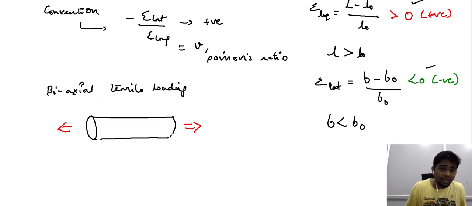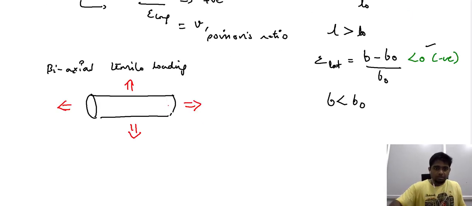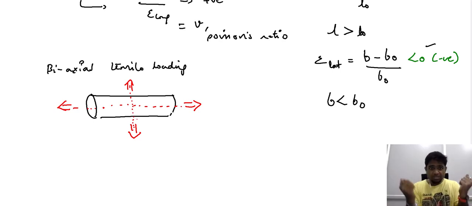Now we want to have a biaxial tensile loading, so there is another load that is imposed in the other direction. So we have a tensile load that is imposed along the longitudinal direction, and in addition to that, we have a load that is imposed along the direction perpendicular to the longitudinal direction.